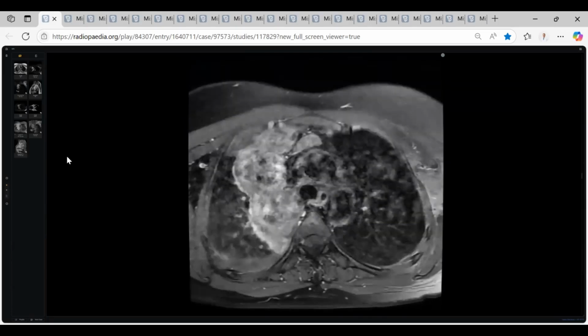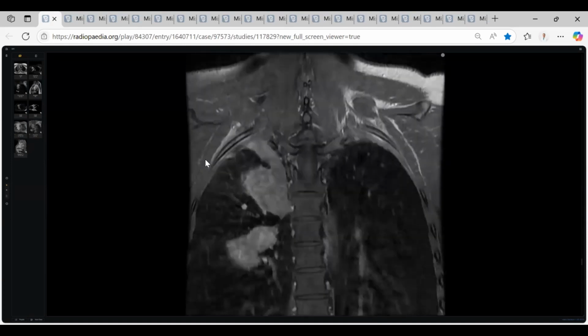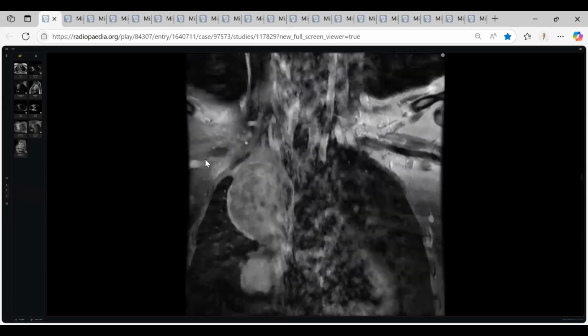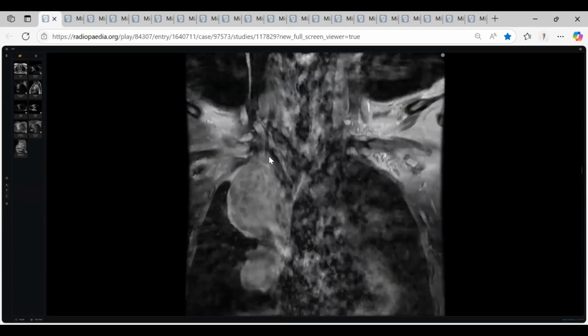But why? Do you know, doctor, why we can't exclude the invasion here? I will tell you. See how long the contact is between the tumor and the superior vena cava. Very long. I can request upper limb venography for the superior vena cava.